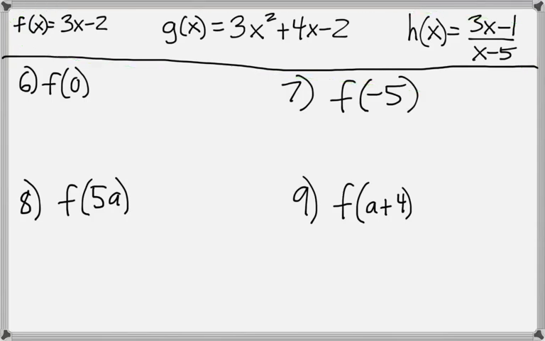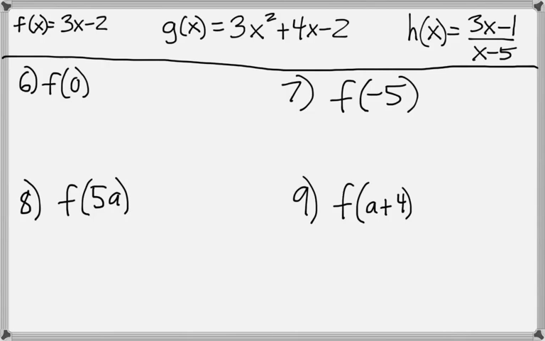So if you look at number 6, this says f of 0, which is kind of a fancy way of saying take the f function and plug in 0 wherever you see x. So many times in math we've plugged numbers into equations and figured out what they're equal to.